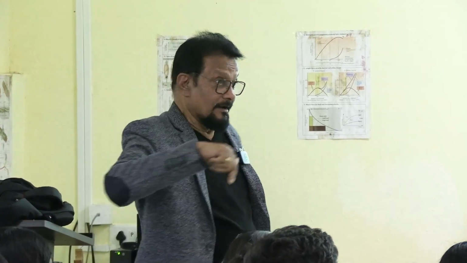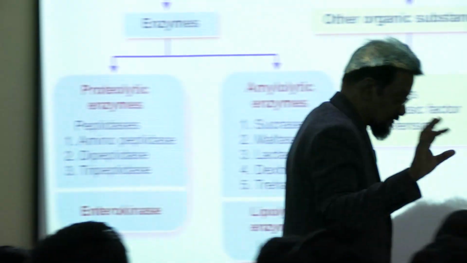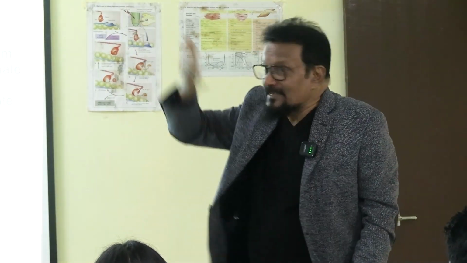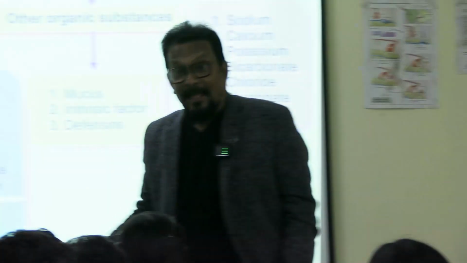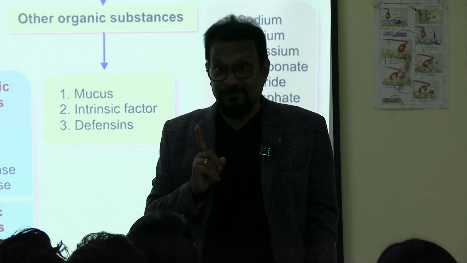But for steroid hormones, they can penetrate. Steroid hormones are lipid soluble, so the cell membrane is not a barrier and they will enter. But they must also have a receptor.